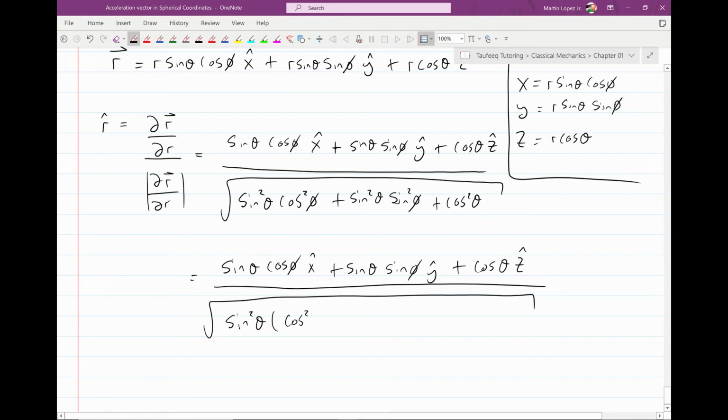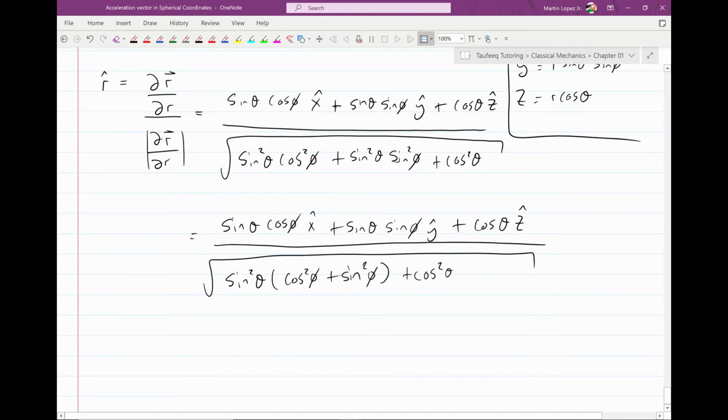So if I factor out sine squared theta, we get cosine squared phi plus sine squared phi, plus cosine squared theta. I wish you guys could yell at me when I make a mistake, because there's going to be a lot of algebra here, and God willing, I can keep it all straight.